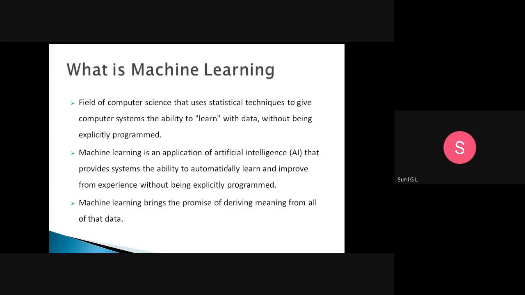Machine learning brings the promise of deriving meaning from all of the data. What does it do? It brings the promise of deriving meaning. We have a set of data, and from that data machine learning will bring out the meaning of the data.